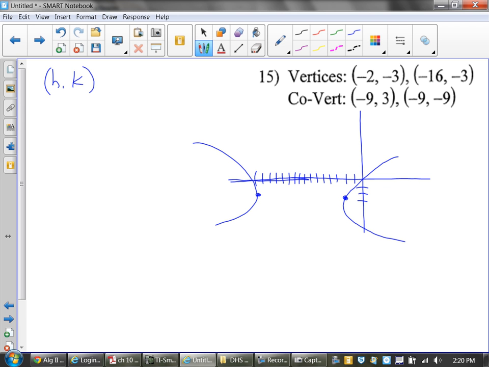If they're horizontal from one another, that means they're going to share the same y value, which means I know my k value is -3. Now I just have to average -2 and -16. Quick, -2 plus -16. 18. What's half of -18? -9.